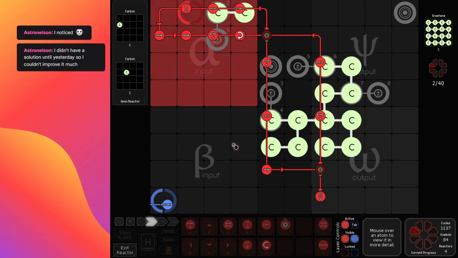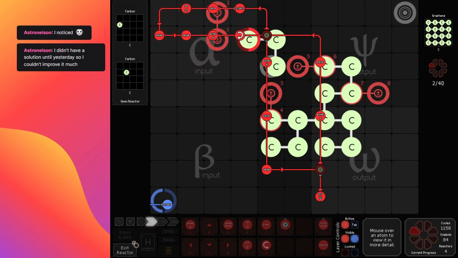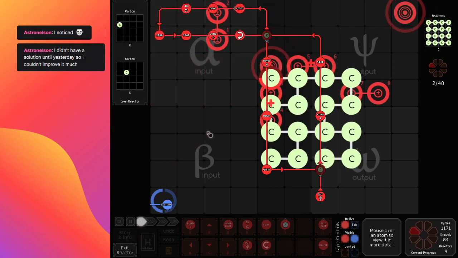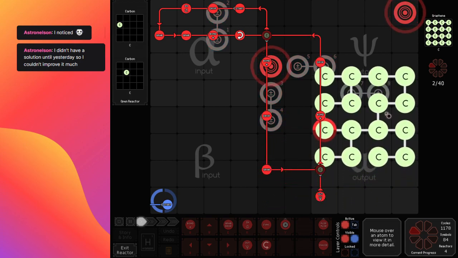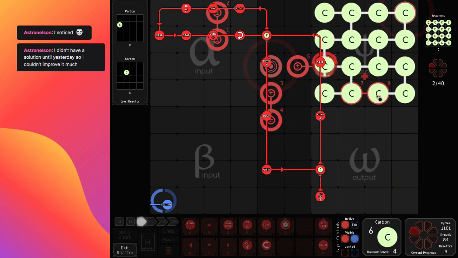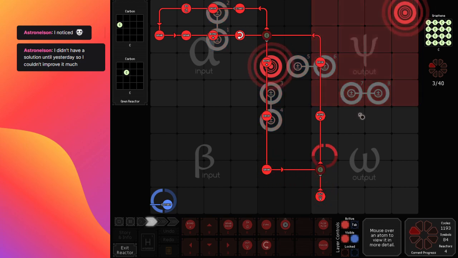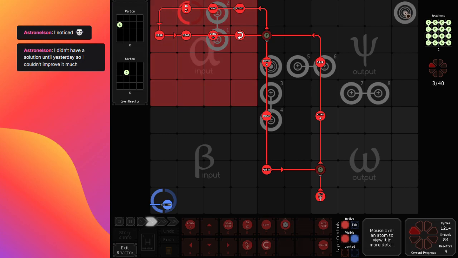Let's take a look at this final C shape. And there you go. The only thing that's left to do is bond and bond that. Very nice. There's a use of this sensor in the corner to trip this a second time to use this bond, and then there's an output right here.